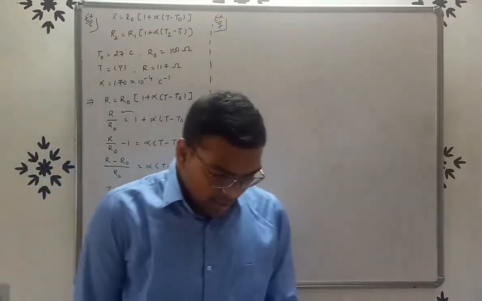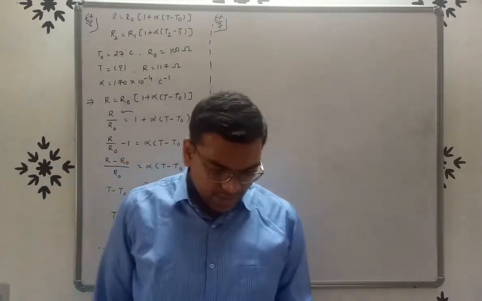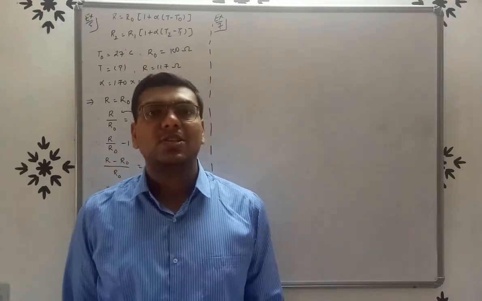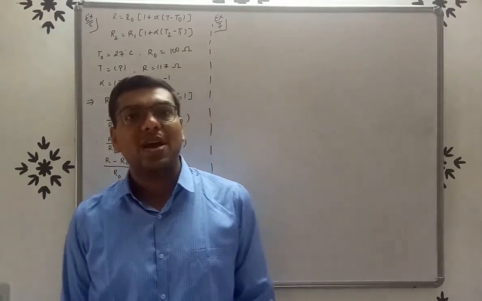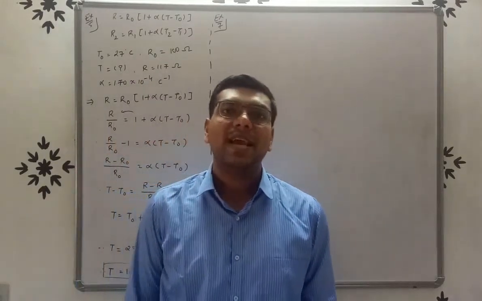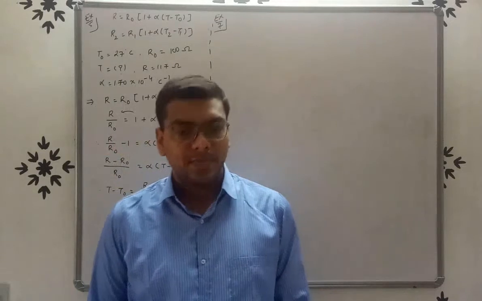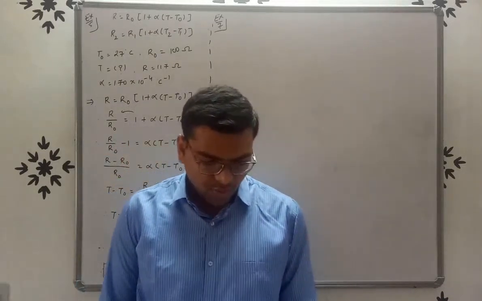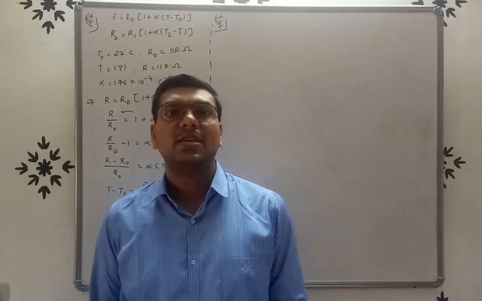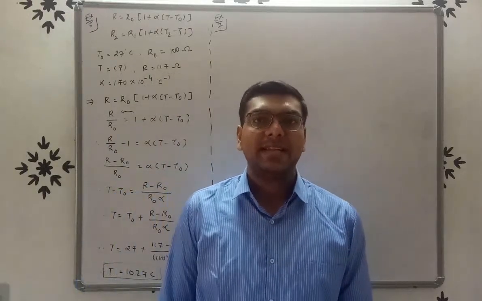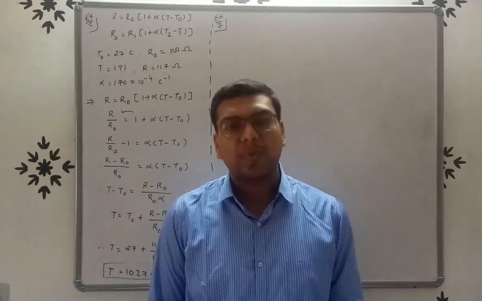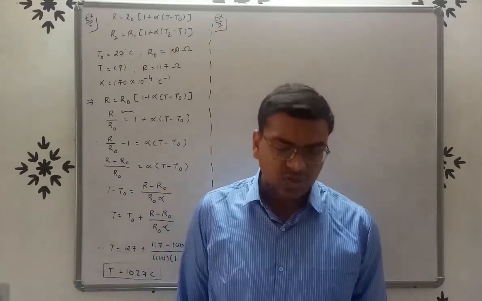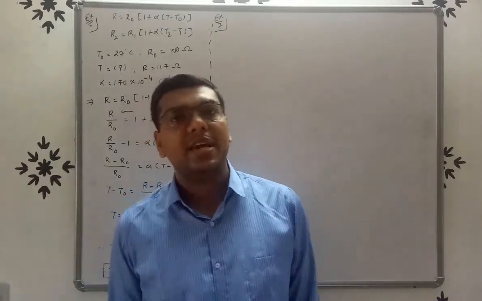A silver wire has a resistance of 2.1 ohm at 27.5 degrees Celsius. So here T0 is 27.5 and resistance R0 is 2.1, and resistance of 2.7 ohm at 100 degrees Celsius. So T is 100 degrees and resistance R is 2.7. Determine the temperature coefficient. So we have to find out alpha here.